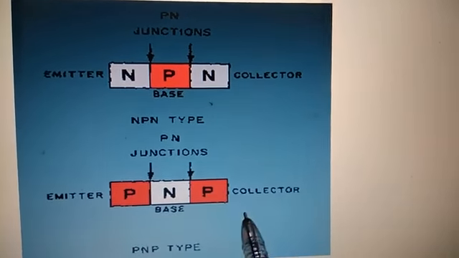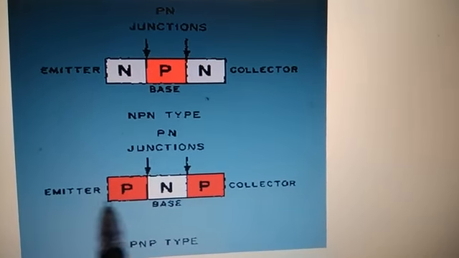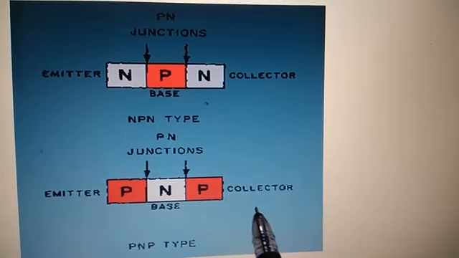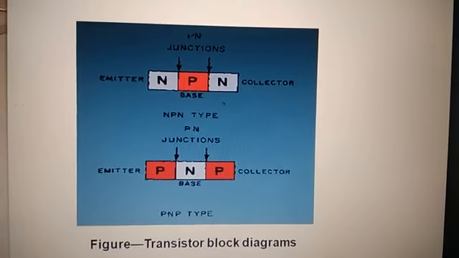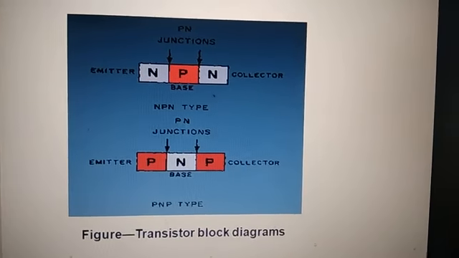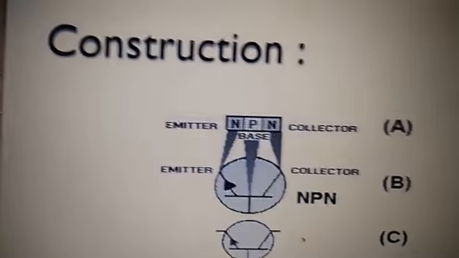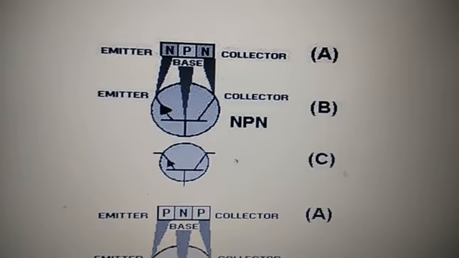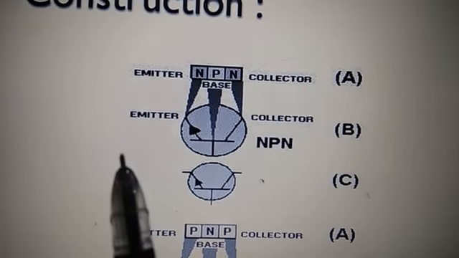This is the PNP type. This is one PN junction and this is another PN junction. Emitter, base and collector. So these are basically the two types of transistors, either NPN or PNP. This is the construction of a transistor. You can see these diagrams, A, B, C, three diagrams.